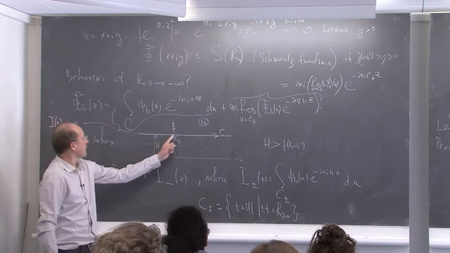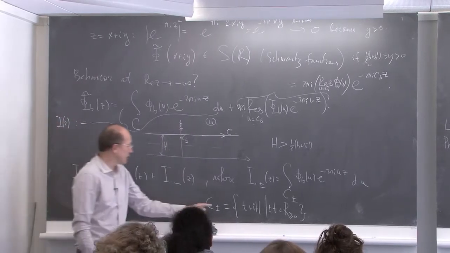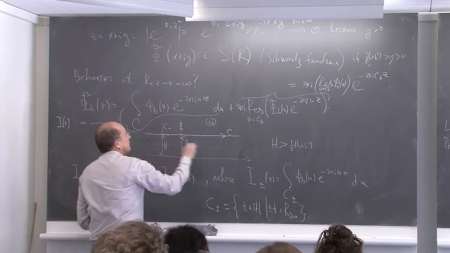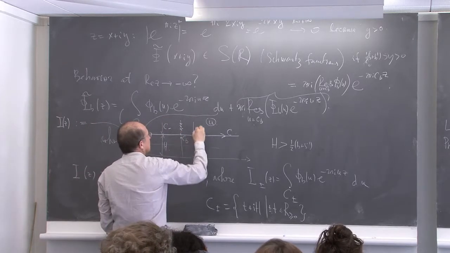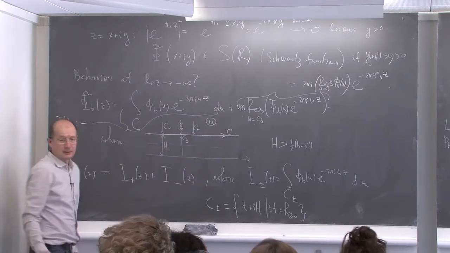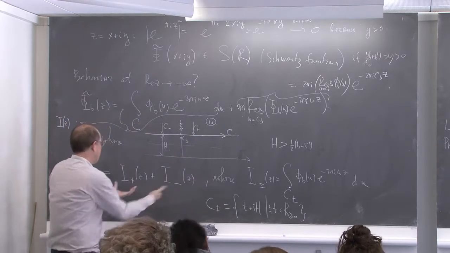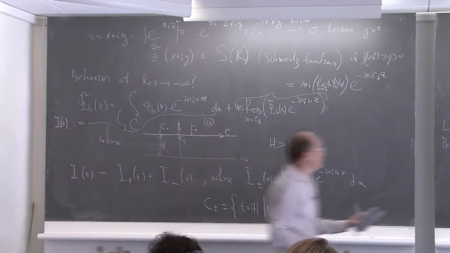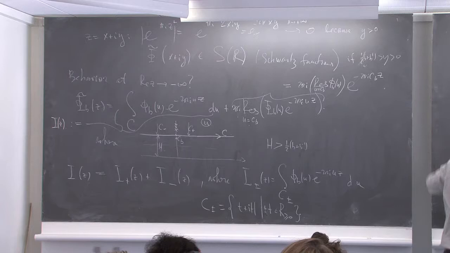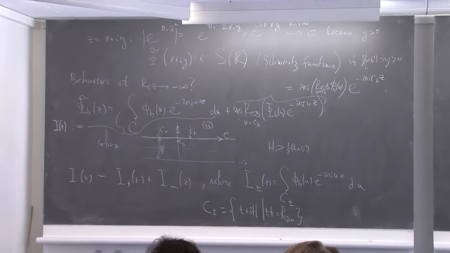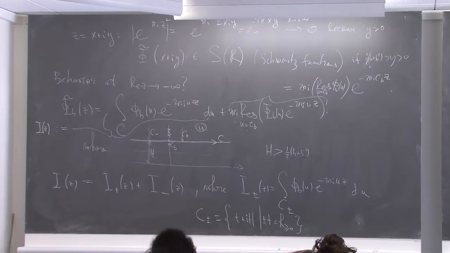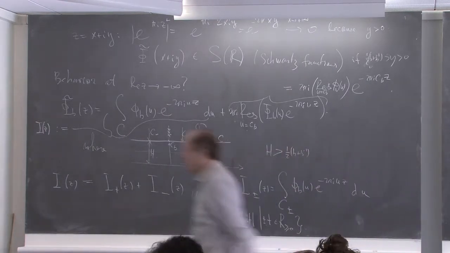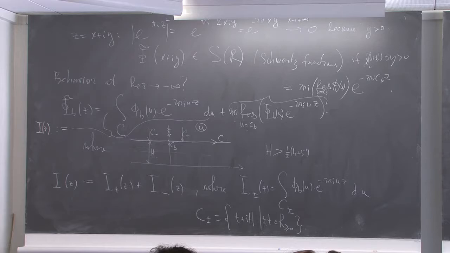So the left half of c_b is called c minus, and the right part of c_b is called c plus. So we have split this integral into a sum of two smaller integrals. And now we are going to estimate the absolute values of I plus and I minus.